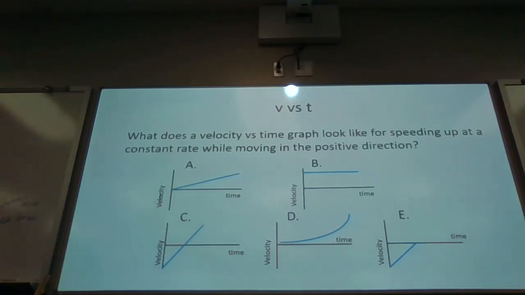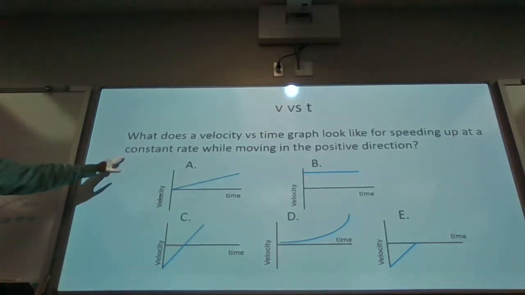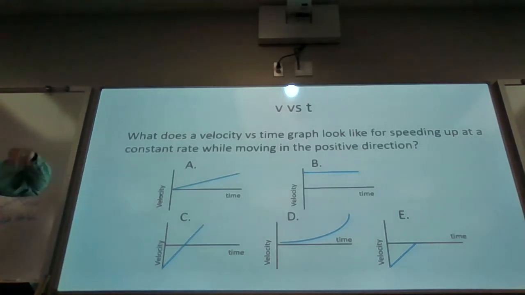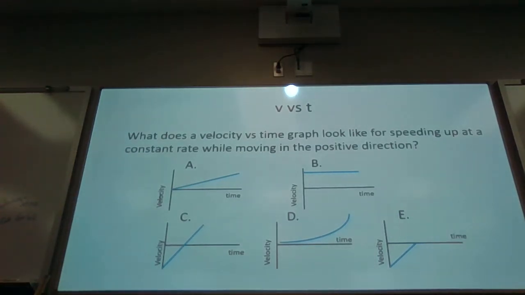The answer is A. D also shows speeding up in the positive direction, but not at a constant rate. That makes sense? Okay. Why isn't it like C? Great question.